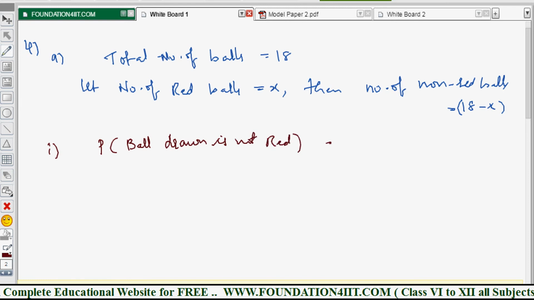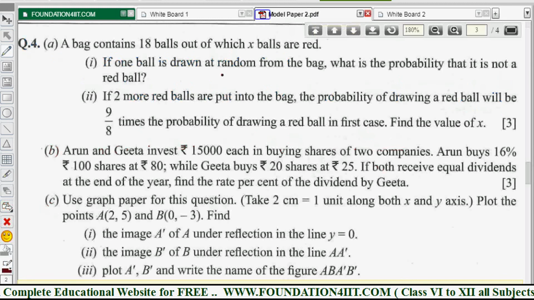So not red balls is 18 minus x and total is 18. Number of favorable outcomes by total possible outcomes, that is the formula, 18 minus x by 18. This is the first one. Now second question, the first answer is itself because you don't have any x value. Second is, if two more red balls are put in the bag, previously the red color balls is x.